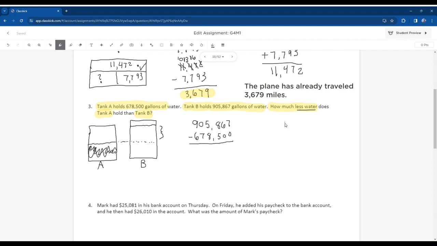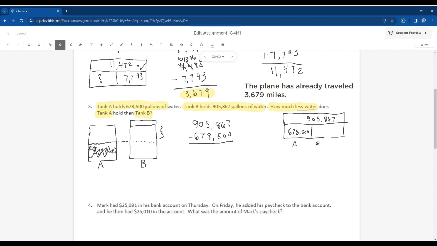And before I get too far, just again, using that tape diagram, tank B holds 905,867 gallons. So this would be tank A's amount, which is 678,500.